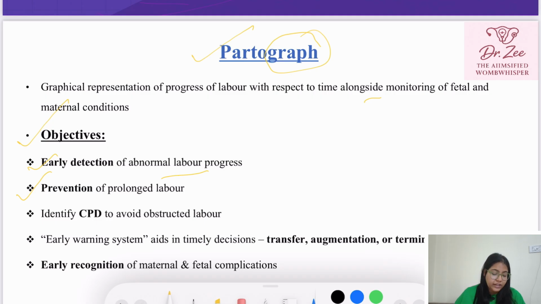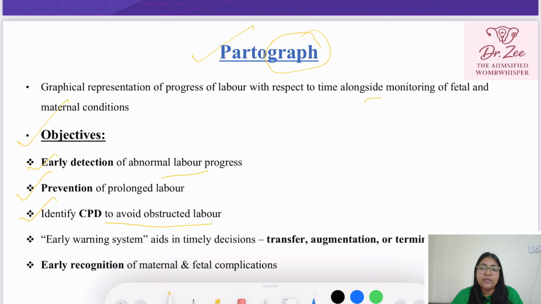We can prevent that by preventing prolonged labor itself. We can identify CPD, pelvic disproportion, because if there is CPD there may be prolonged labor or abnormal progress of labor, and with CPD there can be obstructed labor if not managed within time.